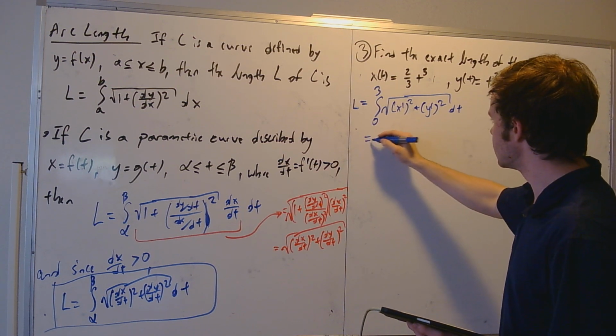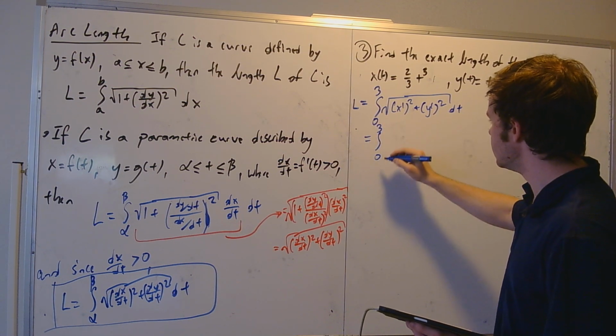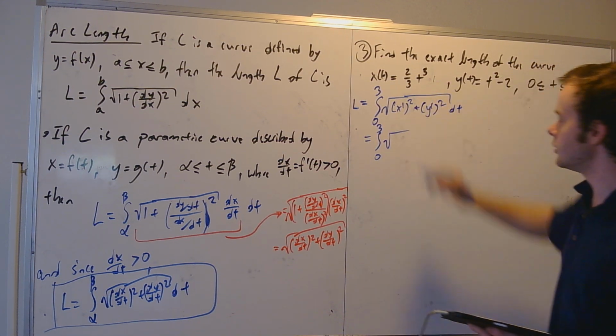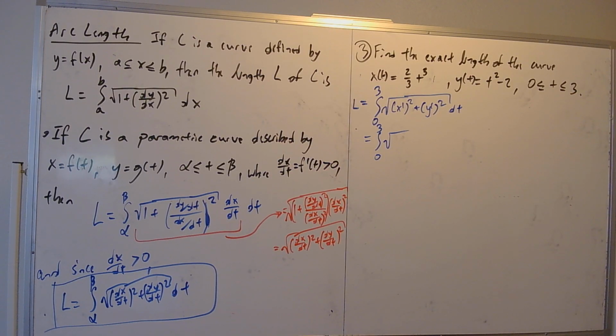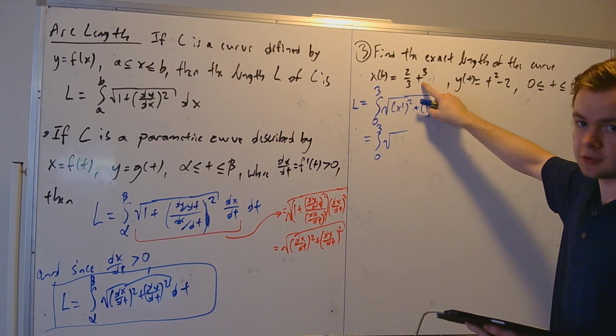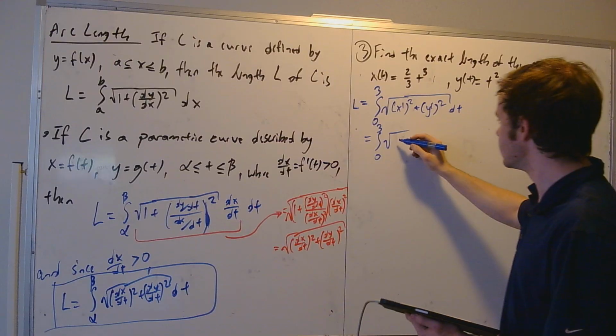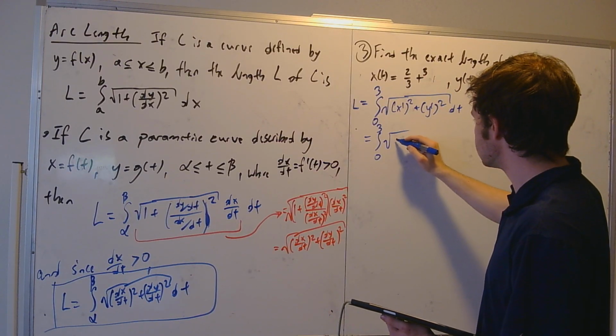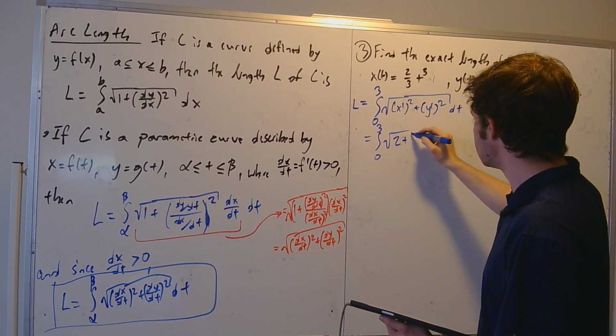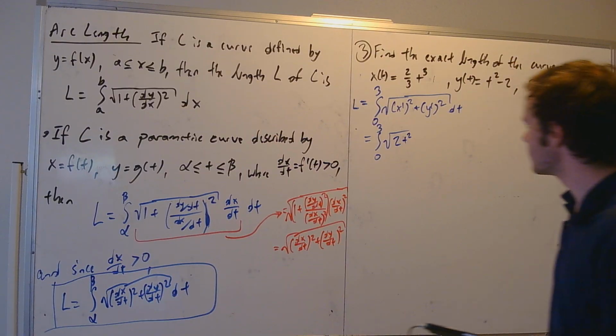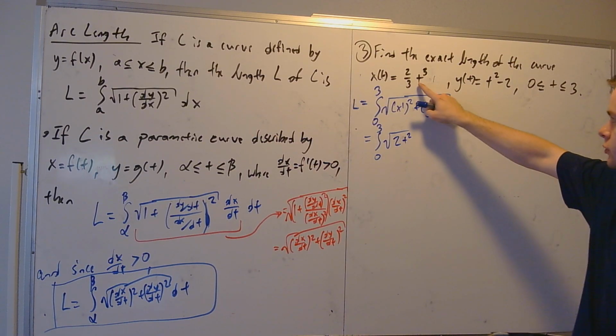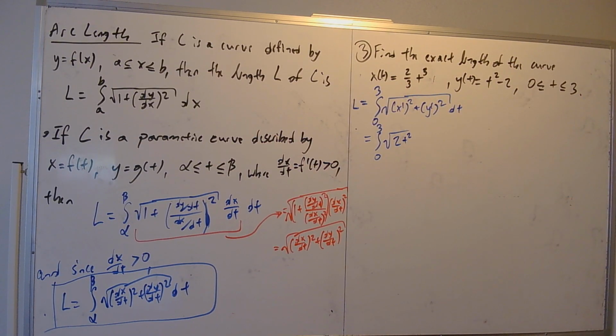Now we take the derivative of x with respect to t. It's the derivative of t cubed, that's 3t squared. So the 3 divided by 3 cancels out, so you get 2t squared. Right, because 3t squared times 2/3, that's what you get.